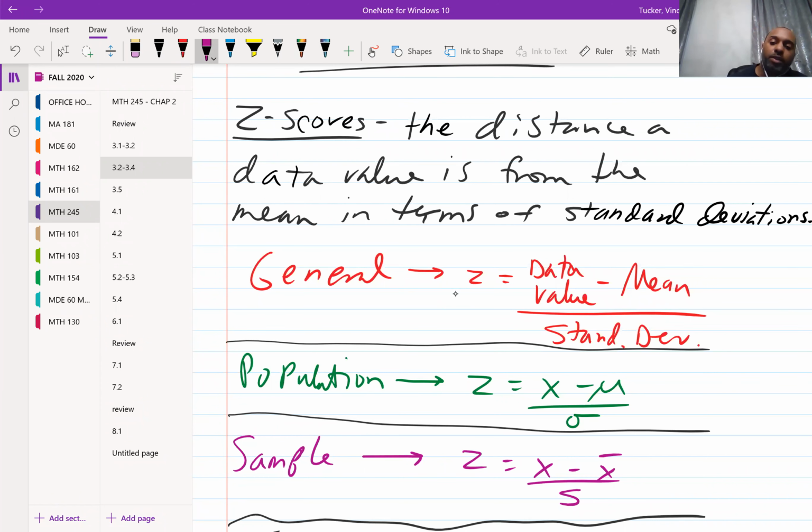Your data value, which is x, minus the mean divided by your standard deviation. So the green is your population symbols, purple just your sample symbols. But once again, it still means the same thing, data value minus the mean divided by the standard deviation.